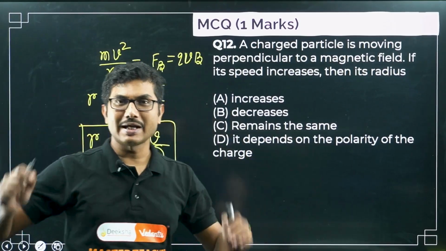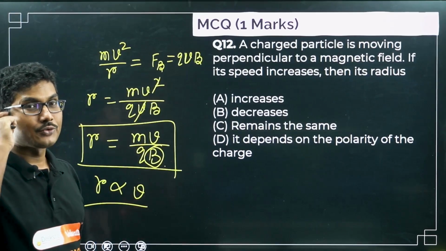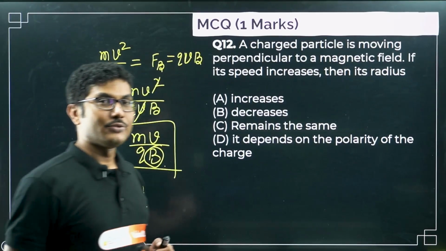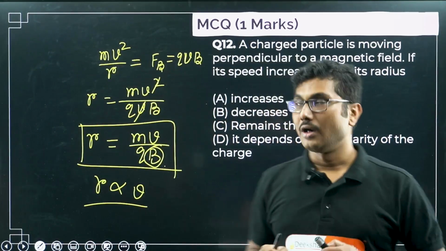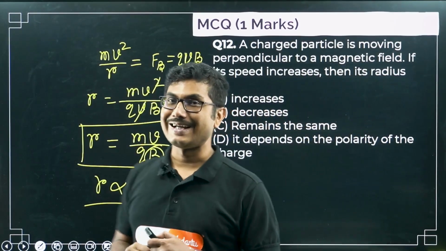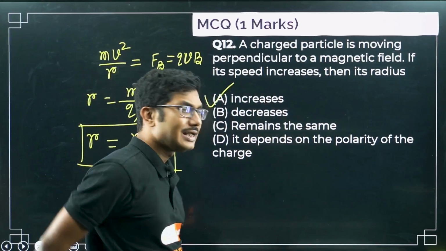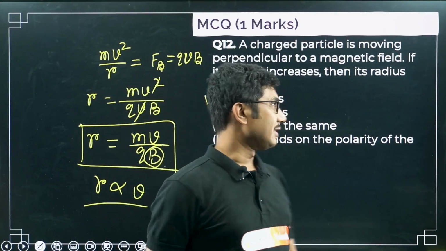You get enough time to figure this out, since this is not a competitive exam. In case you are out of ideas, you can use your head to find the exact relationship, and from there you can say that if speed increases, the radius will definitely increase.